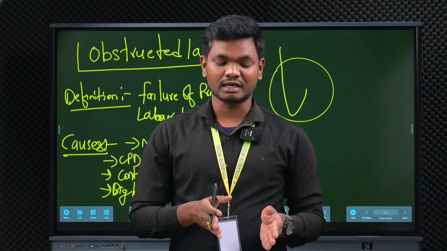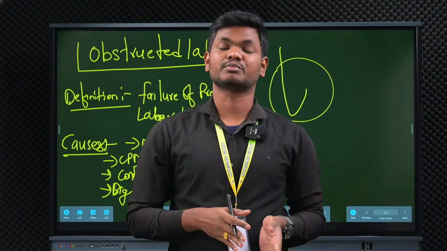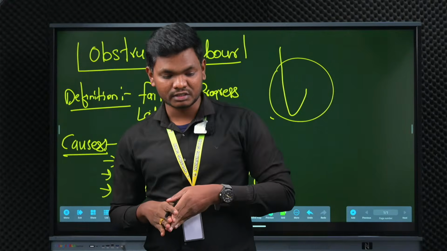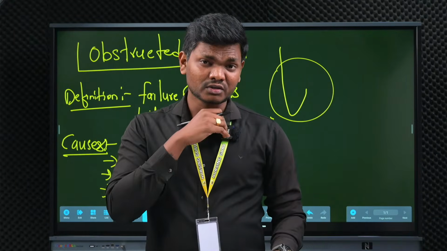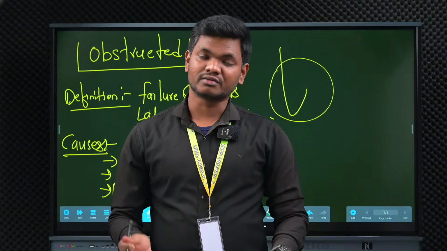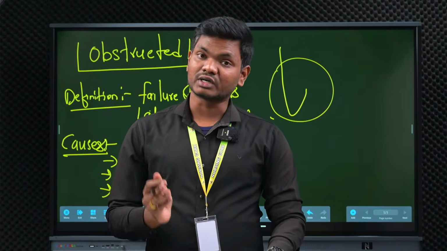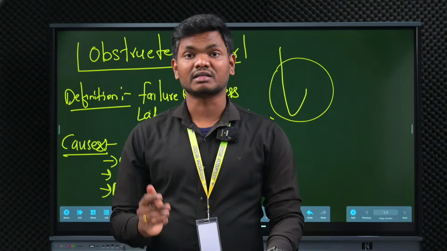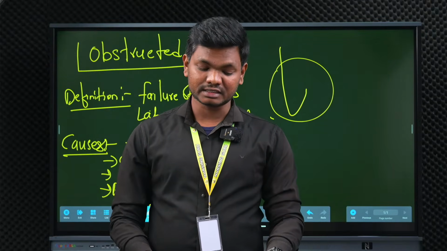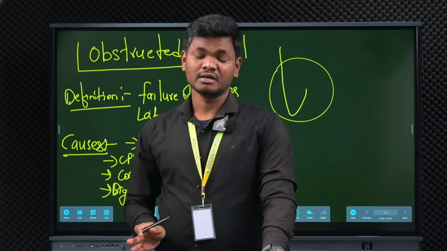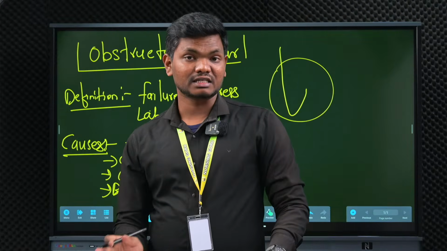To prevent that complication, you should put the mother on IV infusion, and monitor the vital signs, the fetal heart rate, and the uterine contraction. Then the mother should be catheterized to make the bladder empty.